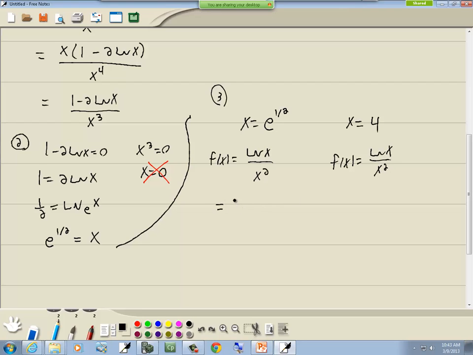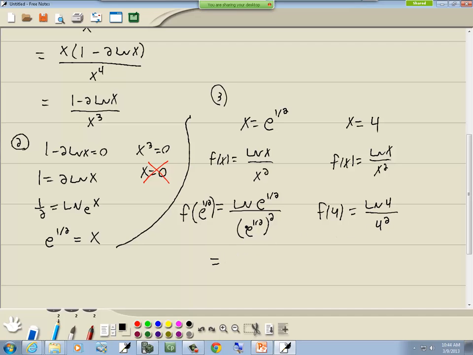So here, this becomes natural log of e to the 1/2 power over e to the 1/2 squared. So let me write that. F of e to the 1/2. Everywhere we have an x, we put an e to the 1/2. Here, I'm going to be plugging in 4. So I'm going to have natural log of 4 over 4 squared.